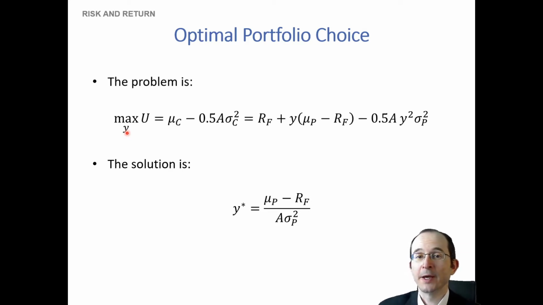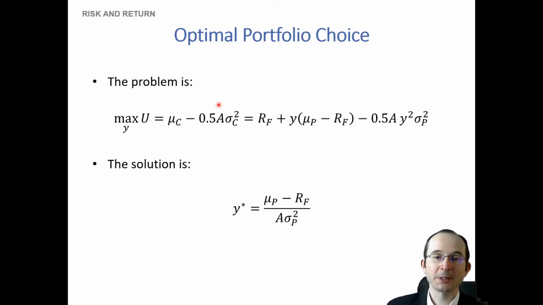And the good news is that we can express our utility function, which is in terms of the expected return and standard deviation of the portfolio, using the formulas we've already derived. The expected return to the portfolio as a function of our allocation y to the risky asset is the risk-free rate on everything plus y times the risk premium on the risky stuff.